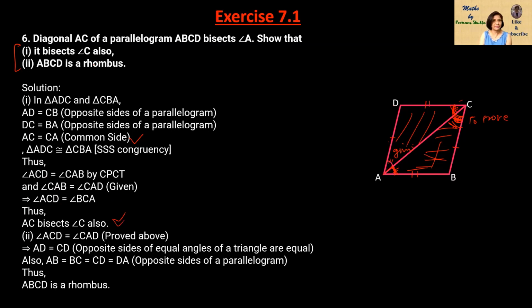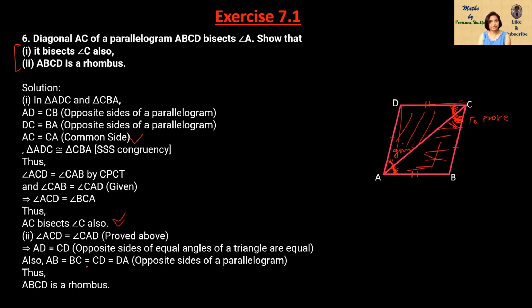Now come to the second part. The second part says ABCD is a rhombus. Now we have to prove that it is a rhombus. We have already proved that angle ACD equals angle CAD, so this implies that AD equals CD, because sides opposite to equal angles of a triangle are equal.